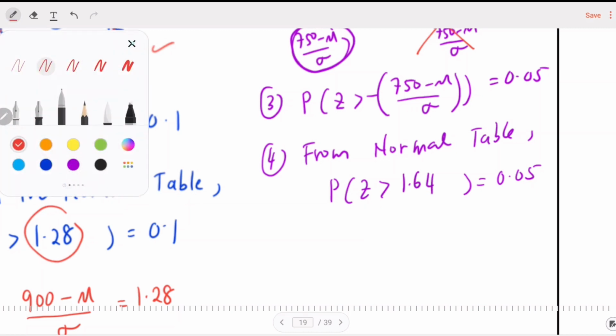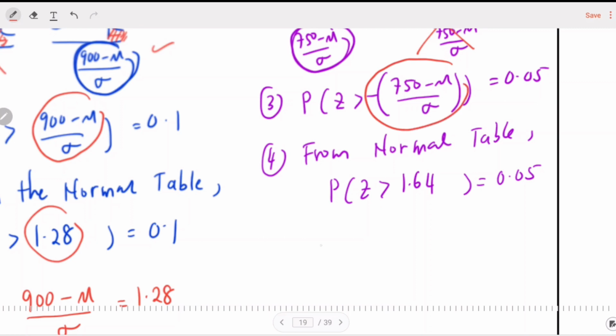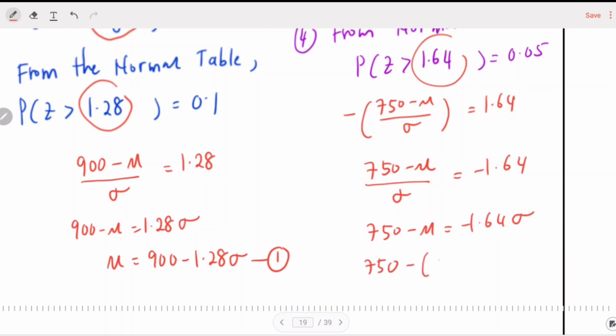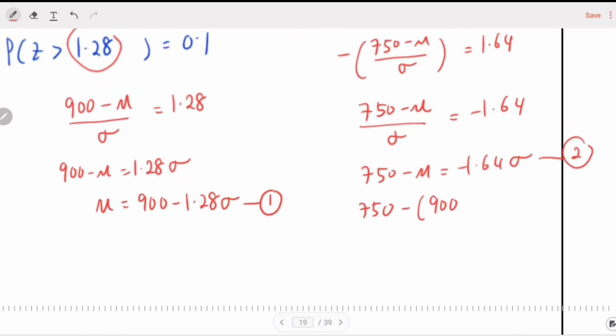Then compare negative 1.64, then simplify until we get the answer. I substitute the first equation into the second one.